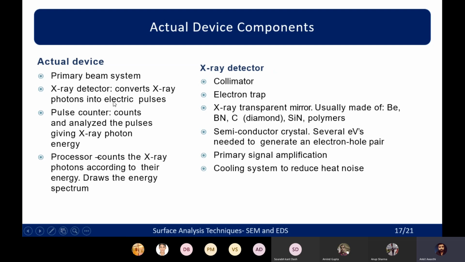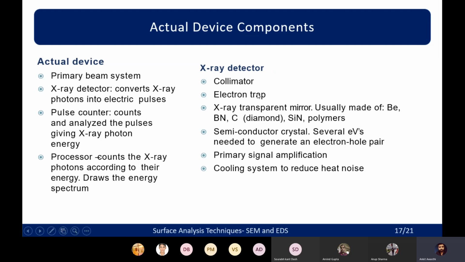But this X-ray detector is further divided into several parts. First is the collimator. Actually, a collimator is like an aperture which captures these X-ray photons. Apart from that, we have the electron trap.